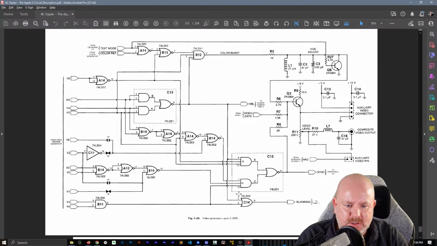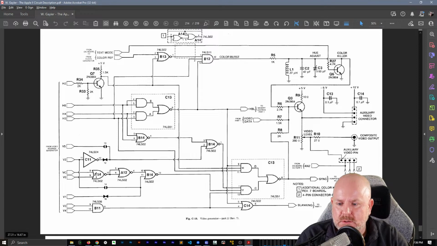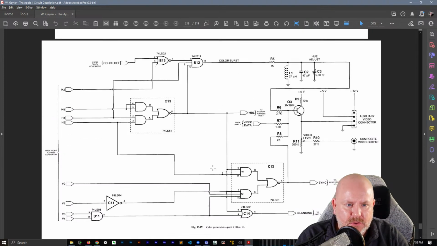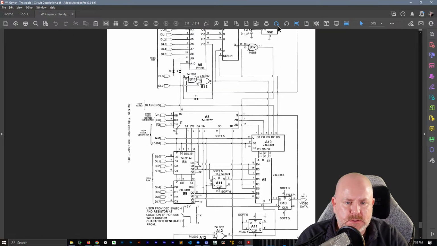So let's see, this isn't it. That's enunciator. I don't see an A2. I don't see one up here either. Nope. Okay, so I'm going to assume it's not actually on those pages.